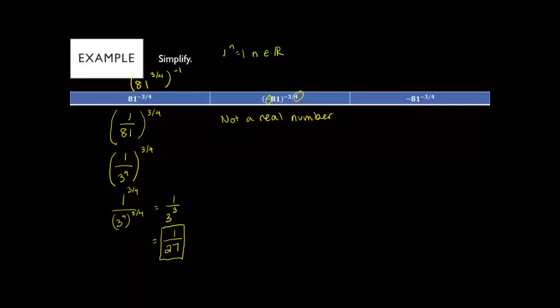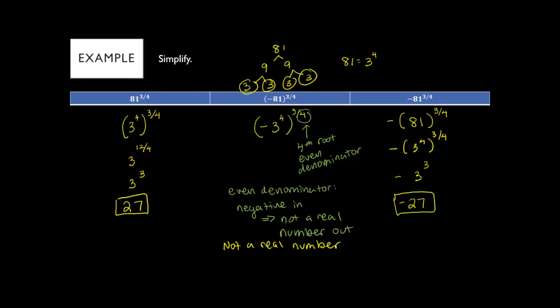That is the same combination that we had on the previous slide. It doesn't matter whether it's a positive or negative exponent there. What matters is what is the denominator. And if it's an even denominator with a negative inside the parentheses there, it is not a real number.